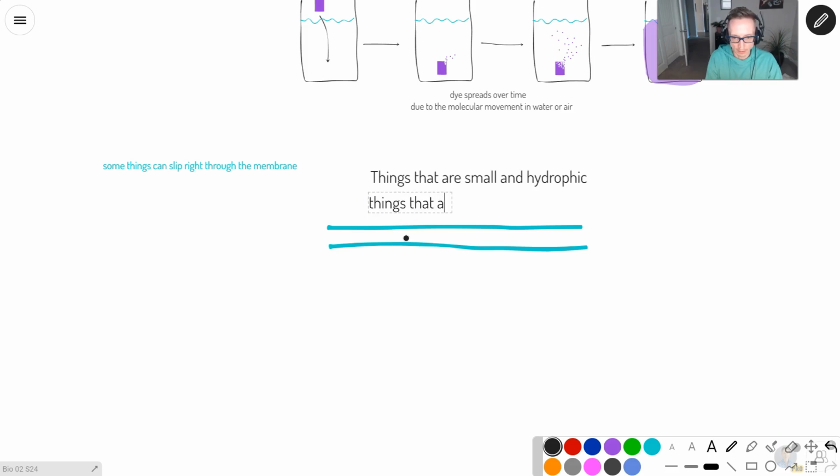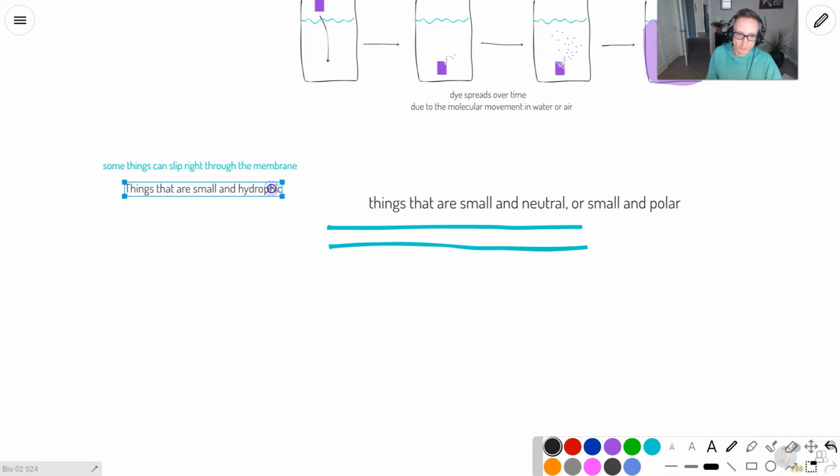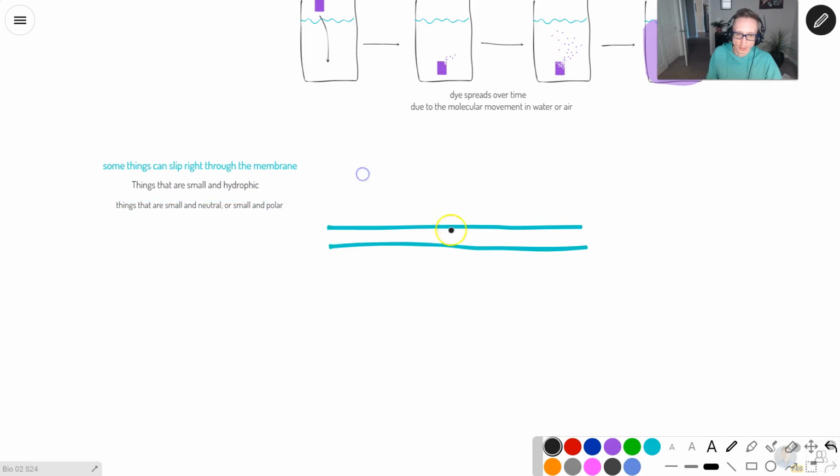Things that are small and neutral, or small and polar. And I'll give a couple examples of these. So these are things that can slip through. Things that are small and hydrophobic. Sorry, I spelled that wrong. Hydrophobic would be steroids. So steroids can slip right through.